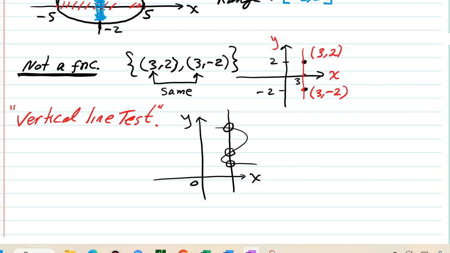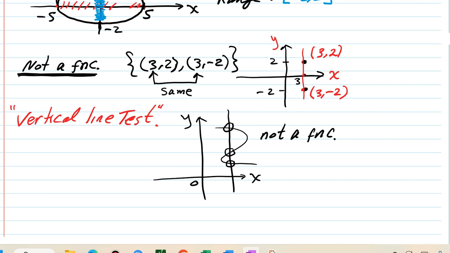Okay, so that's how the vertical line test works. 2 or more. Therefore, this graph does not represent a functional relationship between x and y. So the graph is not a function.